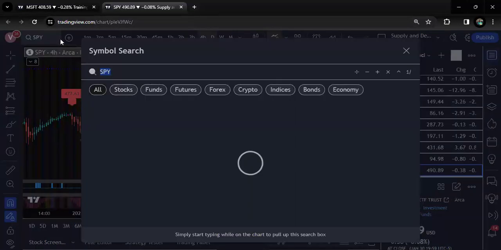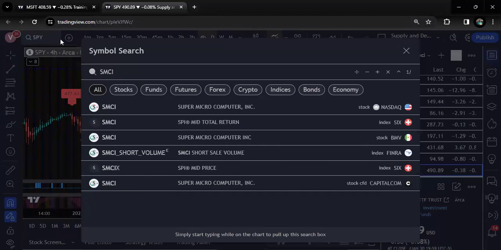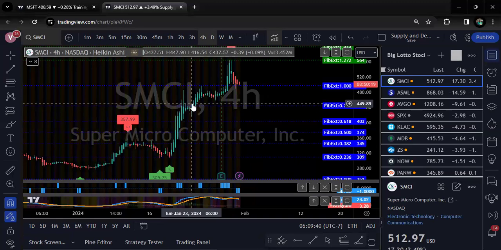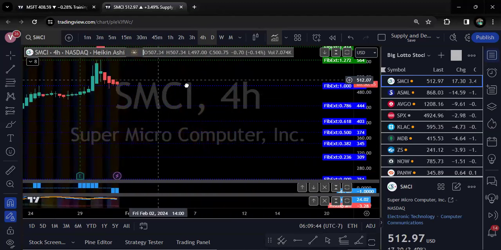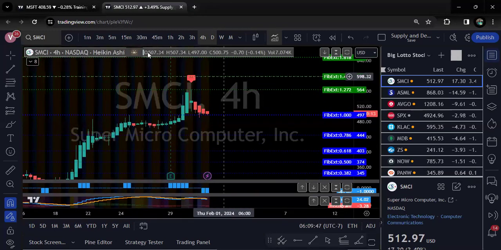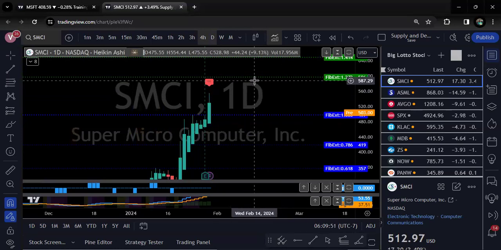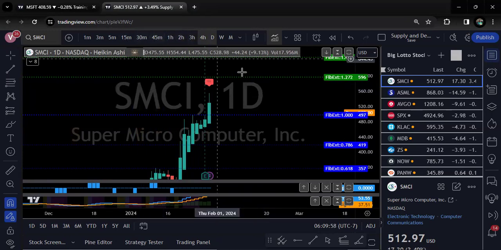If you look at something like SMCI, if you know how a stock behaves, especially a stock like SMCI, we know how it pulls back hard and goes up hard, then these are the best stocks to trade post-ER. This one had broken all these levels. Here it was supposed to go to 596. It hit 564 or something. So if it's not hitting the next level, expect a pullback.